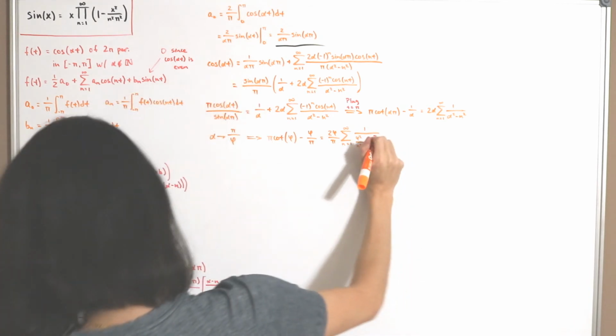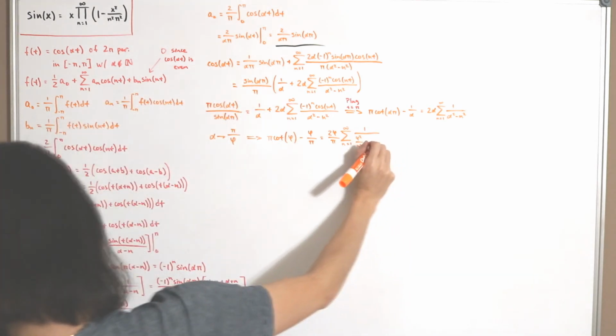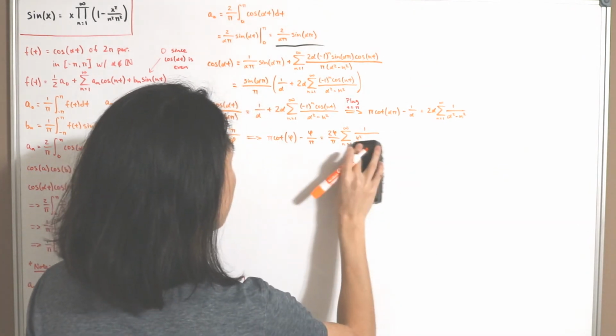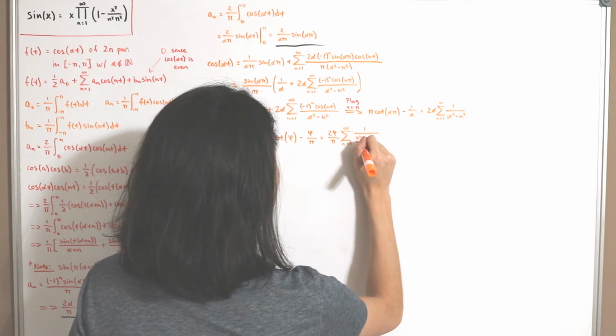And let me simplify this out a little further. See, we get a pi, it's supposed to be a pi squared on the bottom, not an n squared.